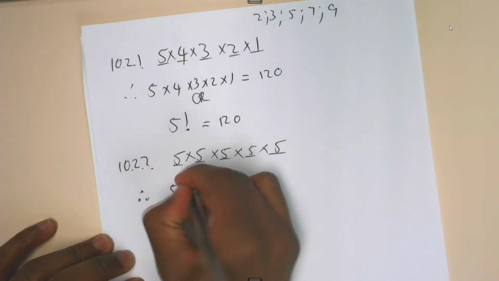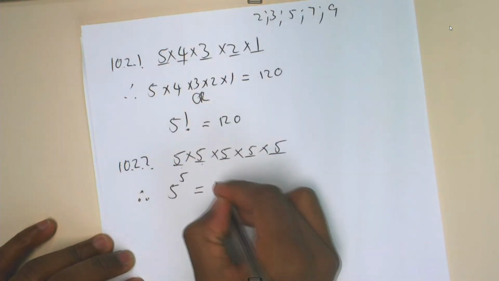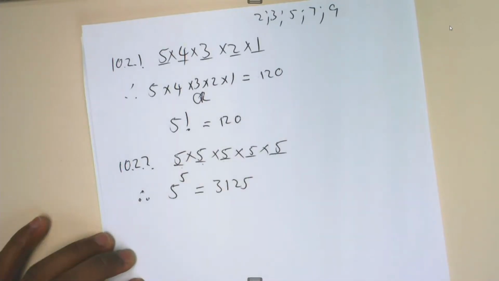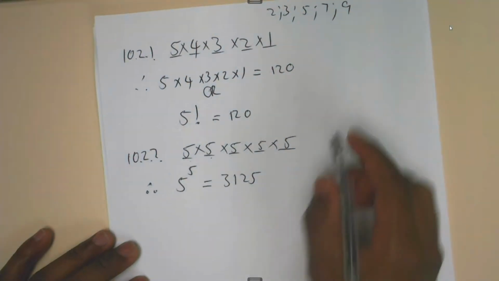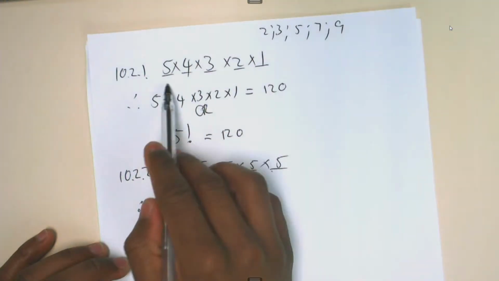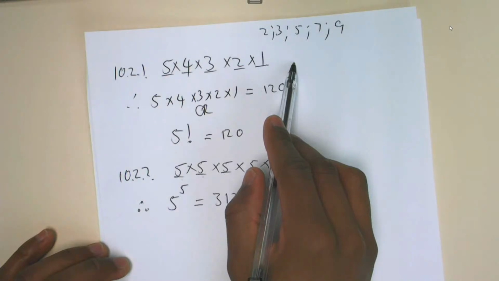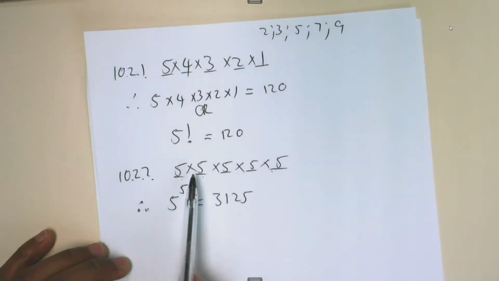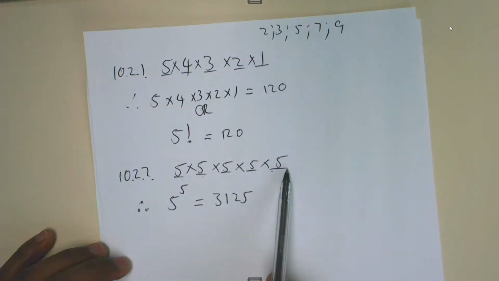So basically it's 5 to the power 5, which gives us 3,125 different codes. When repetition is not allowed, the number of options decreases with each placeholder. When repetition is allowed, the number of options does not decrease.